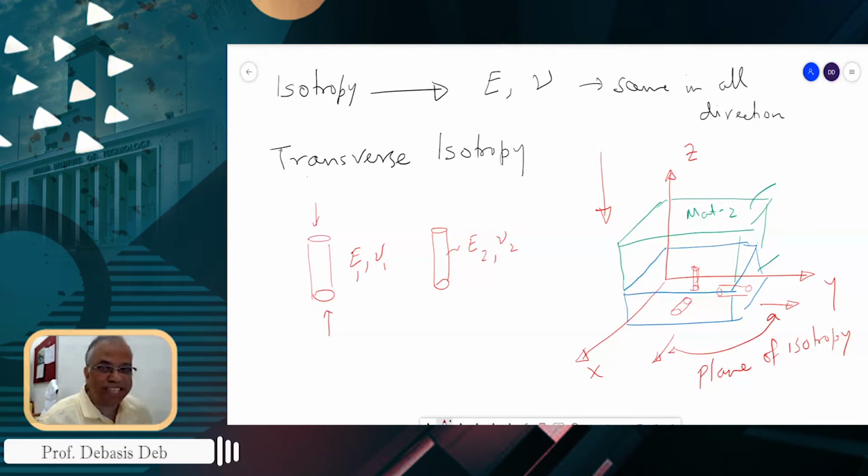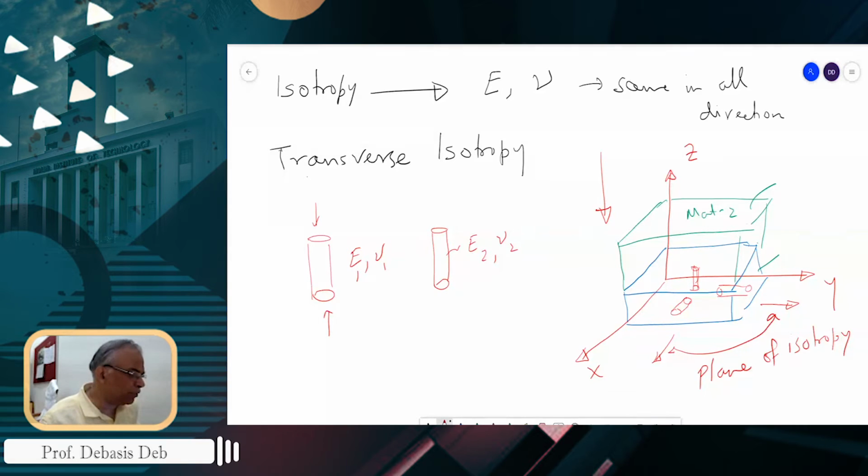How they are deposited and how the water is squeezed out and all these things will be told to you in your geology class. So the properties perpendicular to the plane of isotropy are distinct, and that is why it is called transverse. The properties in the perpendicular direction to the plane of isotropy are significantly different, and that is why it is called transverse isotropy.